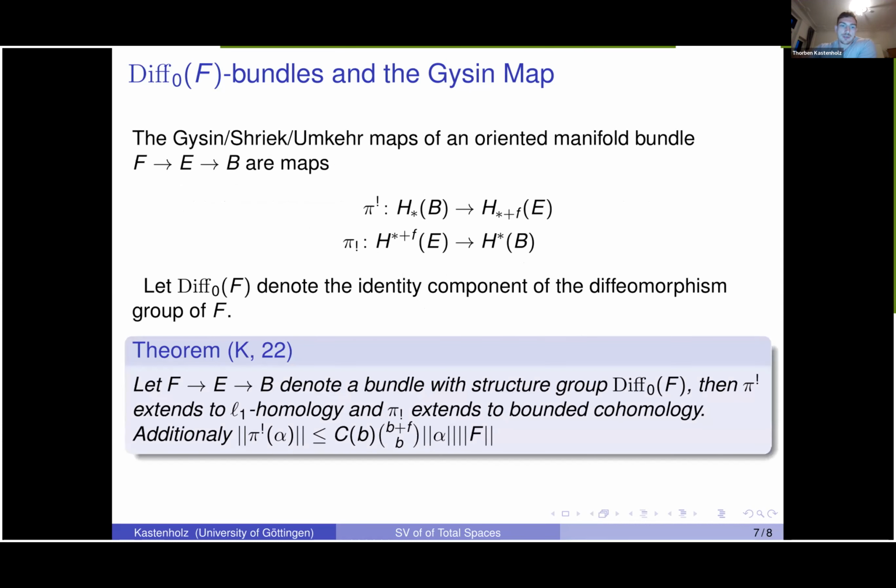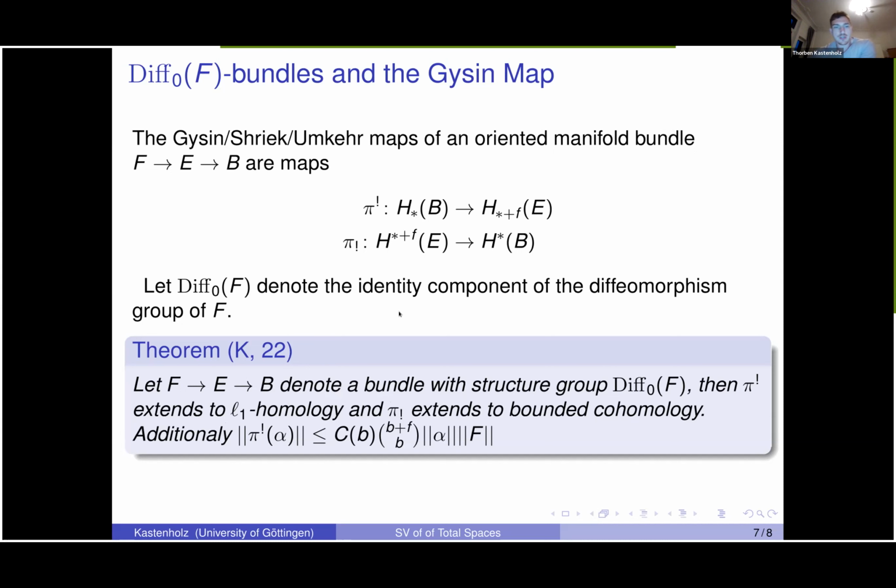And so now what I came up with is, if we have a bundle whose structure group is the identity component of the diffeomorphism group, then whenever we have a bundle with this structure group, then you can actually define pi shriek on L1 homology and on bounded cohomology, and pi upper shriek on L1 homology and pi lower shriek on bounded cohomology. And additionally, you get these inequalities here for the norm of a homology class along this pi upper shriek.